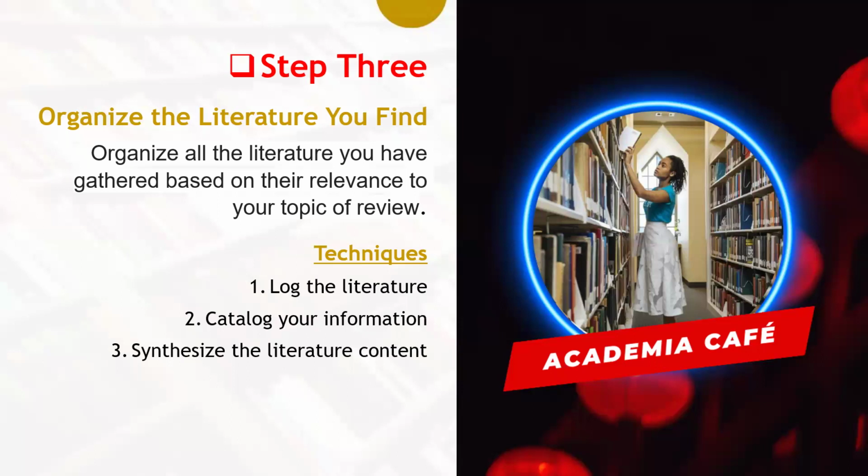Honestly, writing a review takes time, and over the course of writing, you are not going to remember all the information you have gathered. So it will be very helpful to build a catalog of all the literature you find.